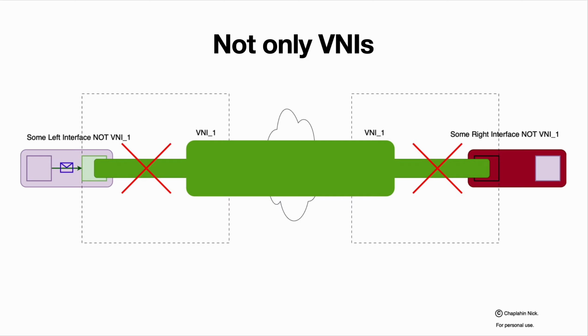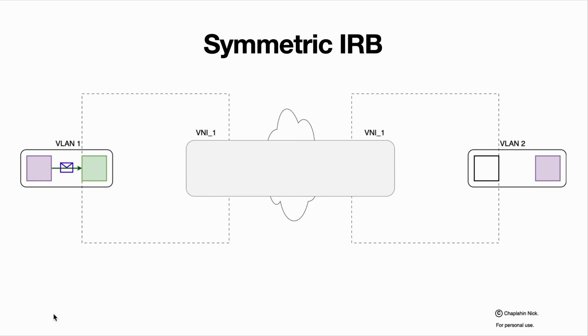So let's look at the symmetric mode step by step. We have a tunnel VNI, an interface on the left, an interface on the right, and some devices that need to transmit traffic. We receive traffic on some interface, and in order to transmit it further, we need to pass it to another interface, to the tunnel VNI. This is where routing appears.